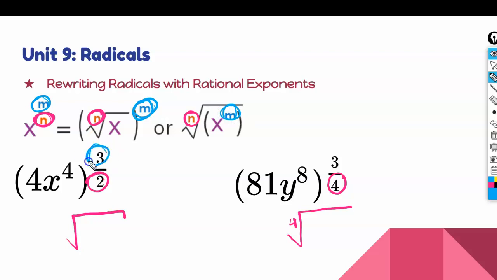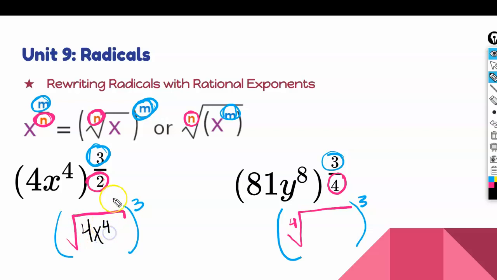And so here and here, I'm just going to have a 3 there, because I have a 3 on top of this fraction exponent. And then yes, that stuff on the inside stays on the inside because we're not going to simplify it in this final. We're simply rewriting it. And if you did your Delta Math assignment for the first lesson of this unit, you should be familiar with just rewriting it. So that's all we have to do here.